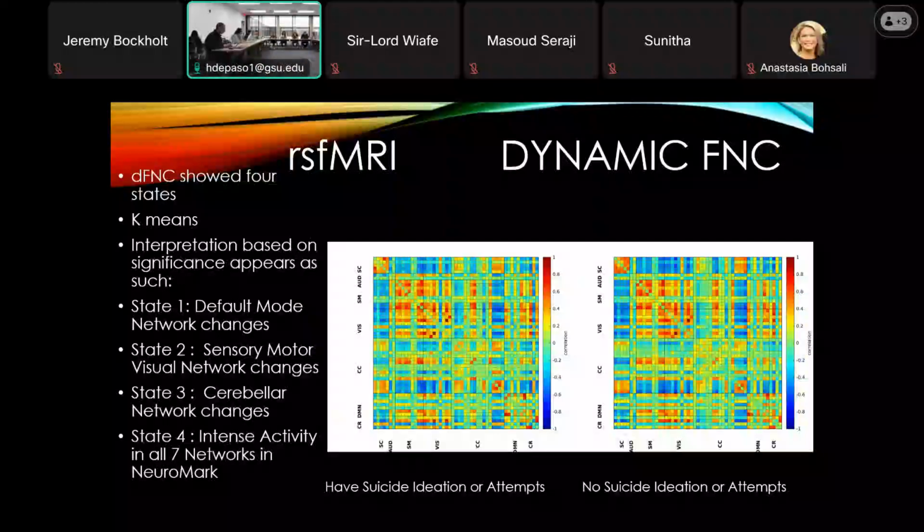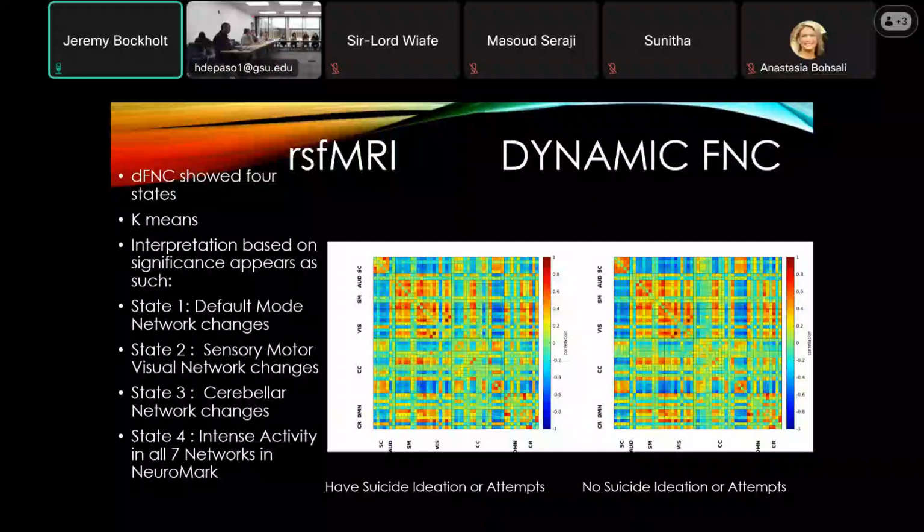What's the length of your time series? The window size was 30, but the total, I don't recall offhand. I can get back to you on that if it helps. No, it's a good question. The TR is like 2.8 seconds, right, Jeremy?